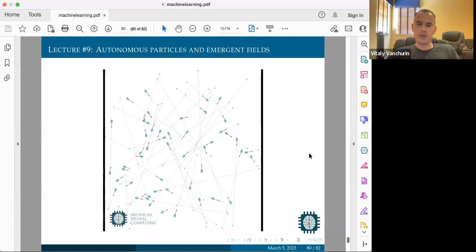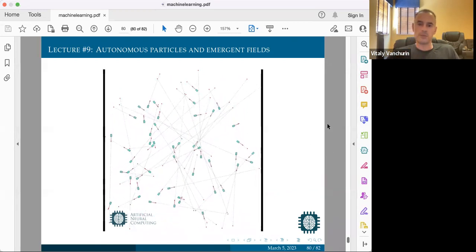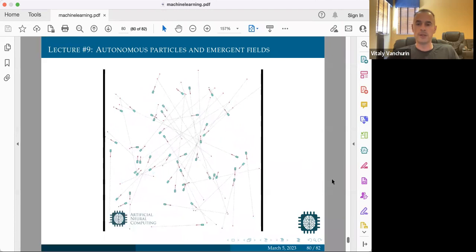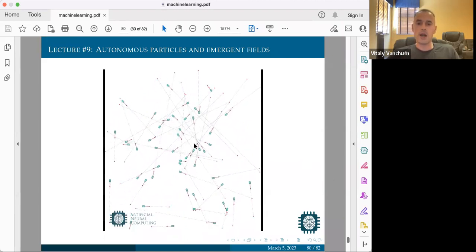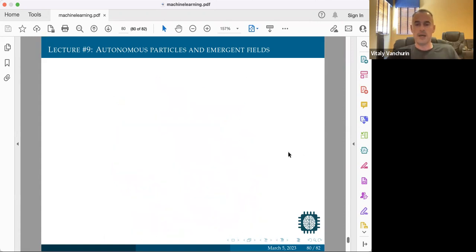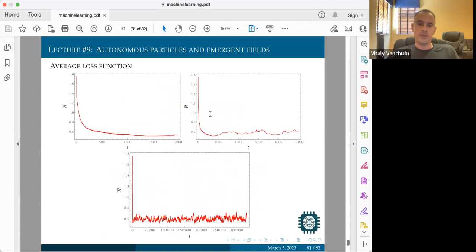Let me just show you, I'll come back to ask you a question. Let me show how the loss function behaves here. Because we can take the loss function for all of the cars and try to see how it changes. And here it is. Now there's lots of training epochs here, and this is the plot of the same line, but on a different time scale. So here from 0 to 2000 time steps of the activation dynamics.